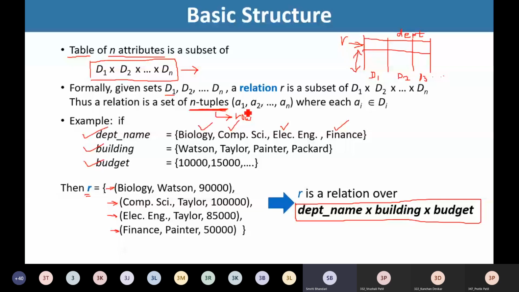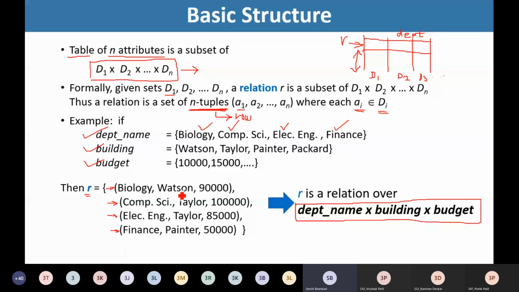So every tuple is having n values because I am having n attributes. So every tuple is having n values a1, a2 up to an, where every value ai belongs to the respective domain di. Right? So this biology, that is the value, belongs to the domain department name. Computer science belongs to department name, that is the domain.